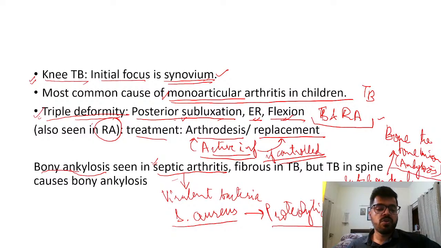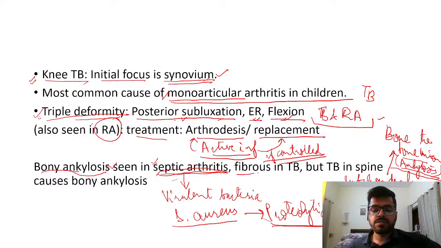So bony ankylosis is seen in septic arthritis because of the action of proteolytic enzymes on the cartilage, leading to destruction and subchondral bone getting exposed, which leads to bone-to-bone union or bony ankylosis.